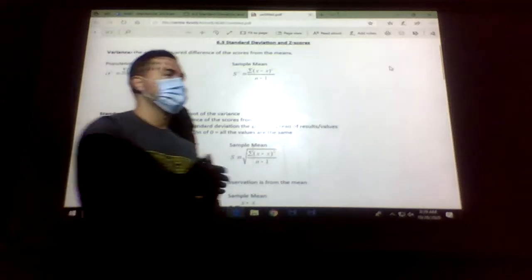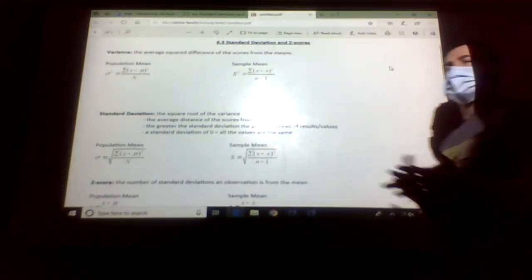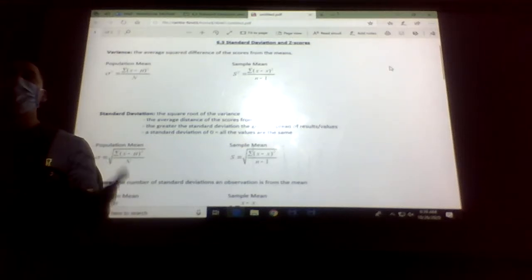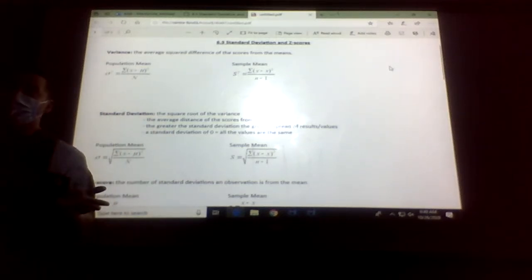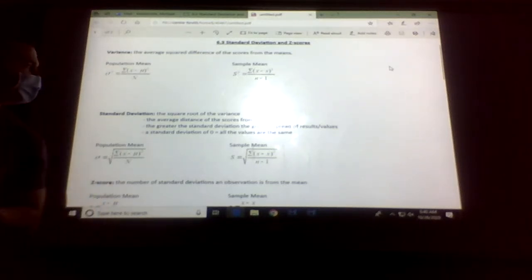Or say our class average is 78 and the standard deviation is 5. That would mean the average student is 5% away from the 78%, higher or lower.